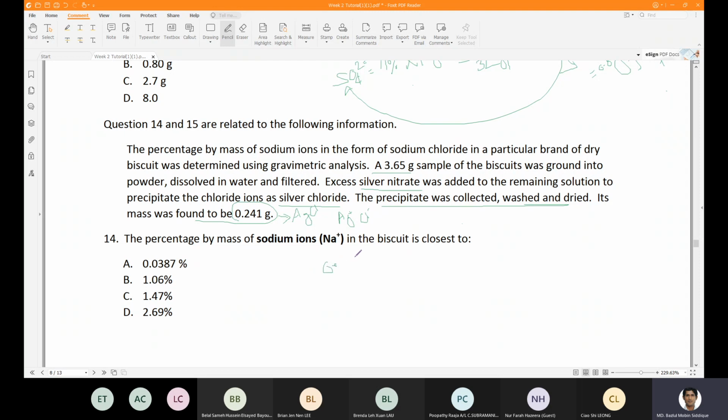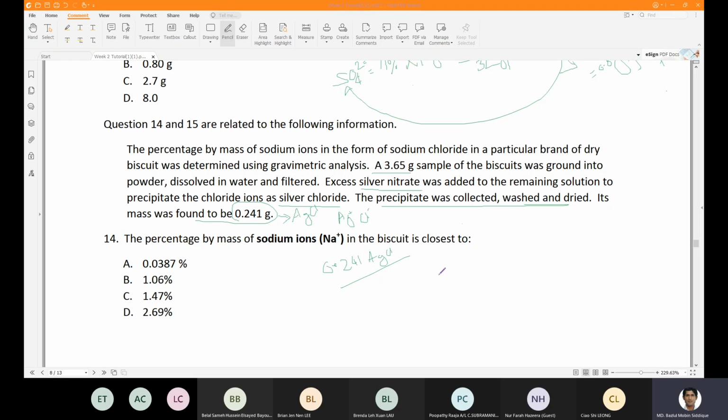0.241, same as the previous problem that we just solved. 0.241 gram of silver chloride means how many moles of silver chloride? We have to divide by the molar mass of silver chloride.